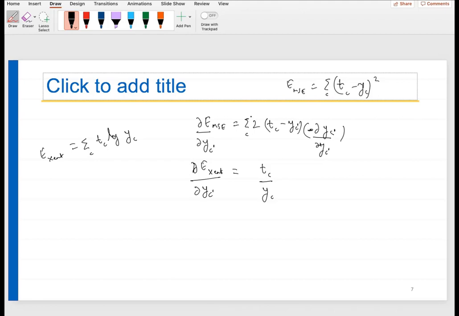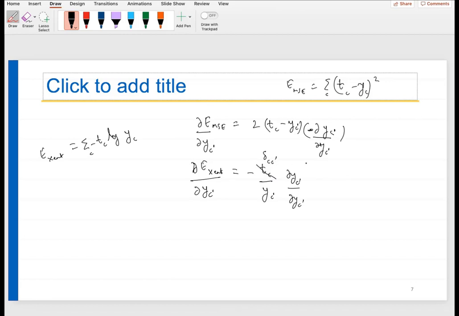Let me erase the summation term because we are differentiating with respect to C dash, and then negative sign, minus dou YC dash by dou YC dash. This is TC upon YC, and we know TC is 1 because it is a one hot vector. My TC will be 1 for, basically, delta CC dash.